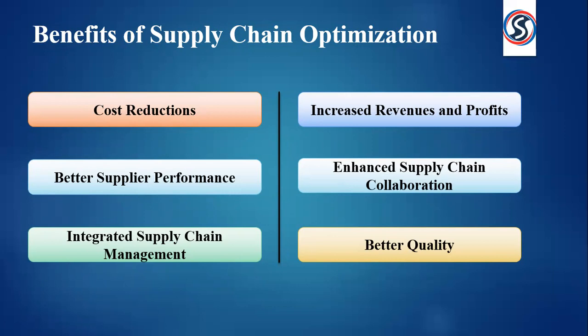Now, coming to increasing revenue and profits. With supply chain optimization tools, the managers can get insight into all the activities and work on speeding up the process. The customer is more likely to be invested in the process, and can also have a better experience.